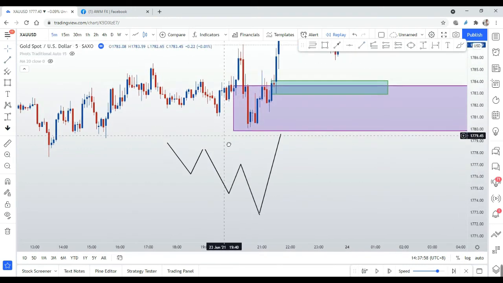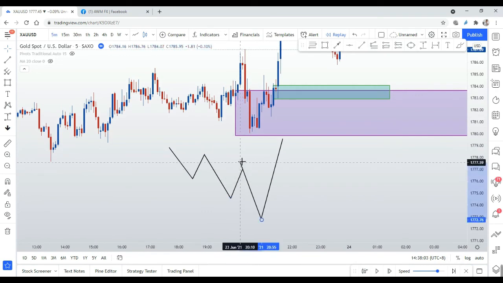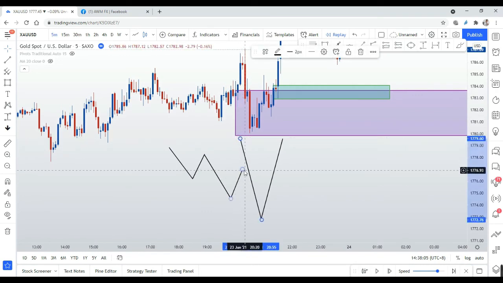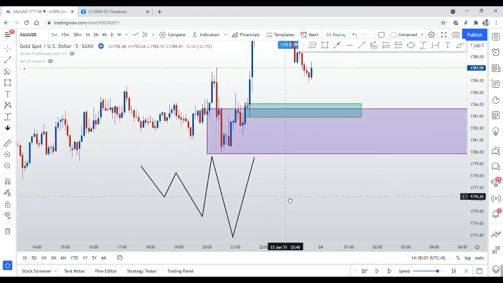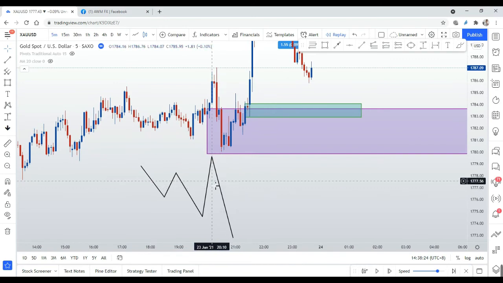But if you look at this pattern, no, it's not doing that. Instead, it's making something like this, then only the price breaks. For me, I don't think this is a valid QML. I've never taught this kind of QML before, and I don't trade this kind of QML. So there is a very big difference. All right, so there is no argument.